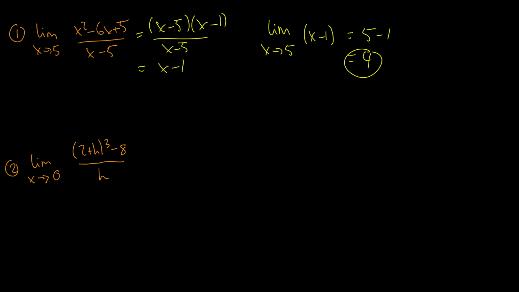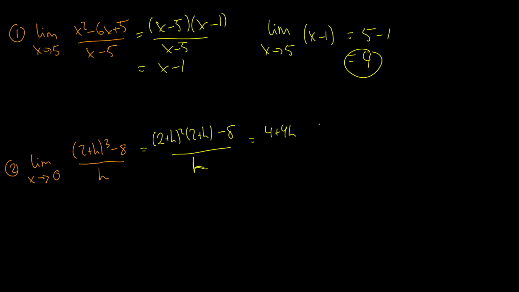Now the second one here, we're going to have to take the cubed function, which is honestly a little bit daunting, so we're going to break this up into (2 plus h) squared times (2 plus h) minus 8, over h. There definitely are tricks to writing out cube functions faster, but we'll go through the thought process here and make sure that things aren't getting screwed up.